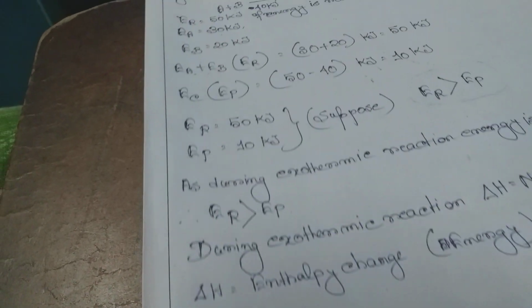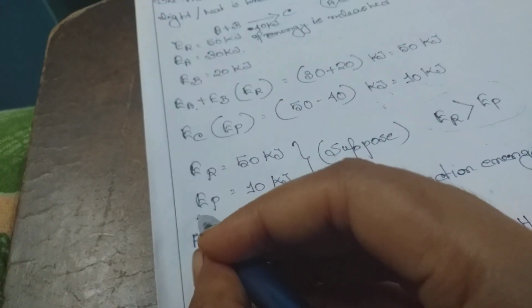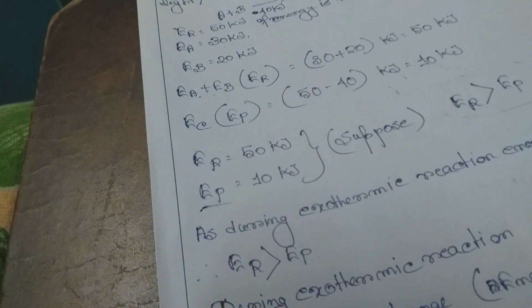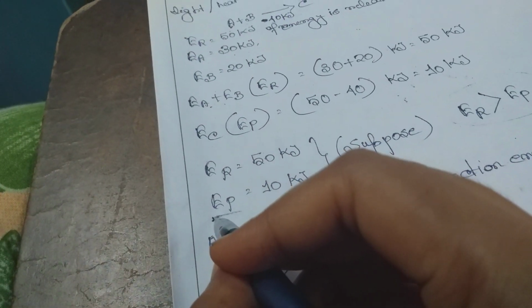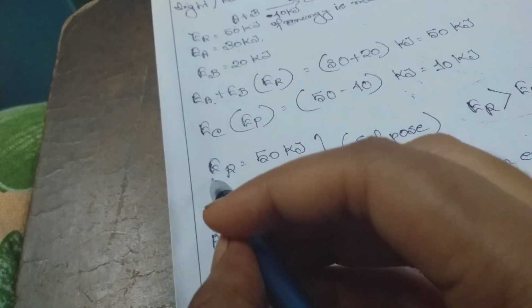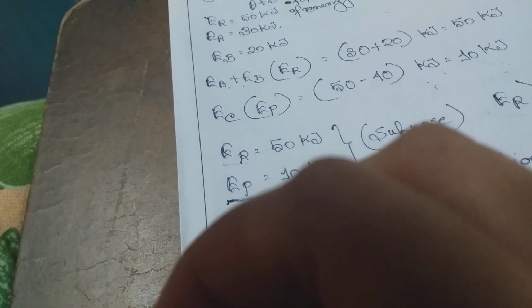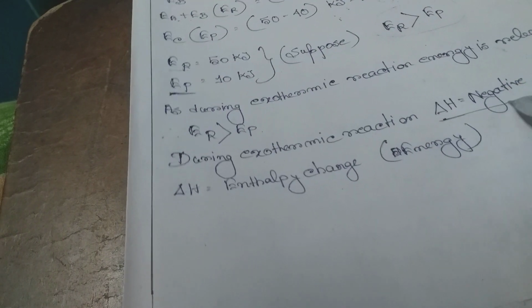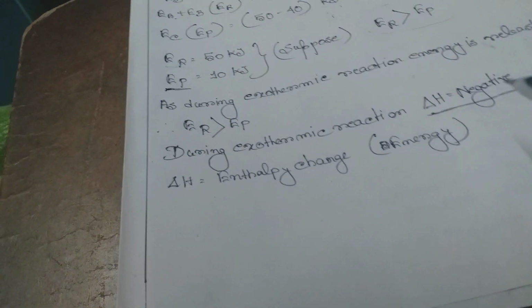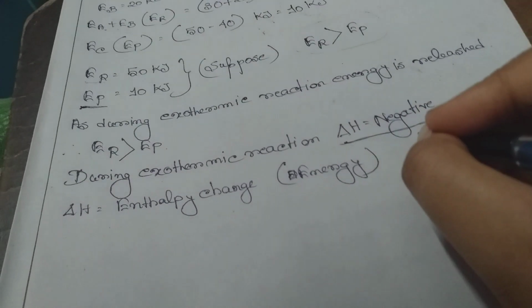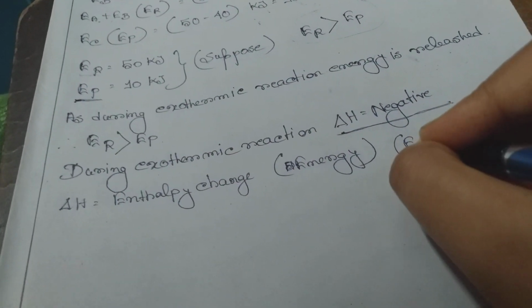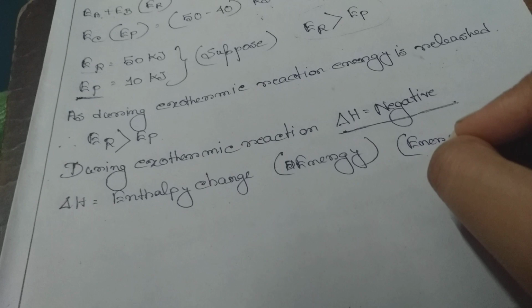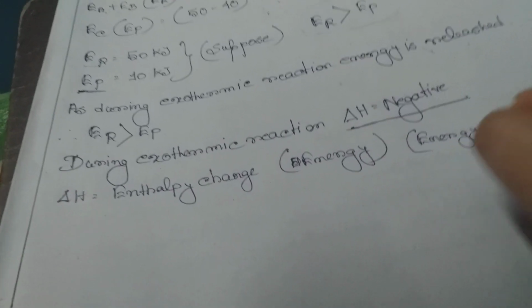Here, from that mathematical data, we see that energy of product is less than that of the energy of the reactant. It is due to the less energy of the product than that of the reactant that during exothermic reaction, delta H is negative, as energy is released.